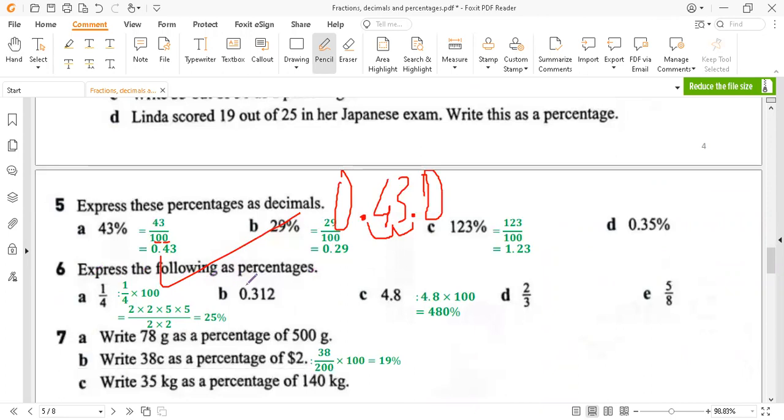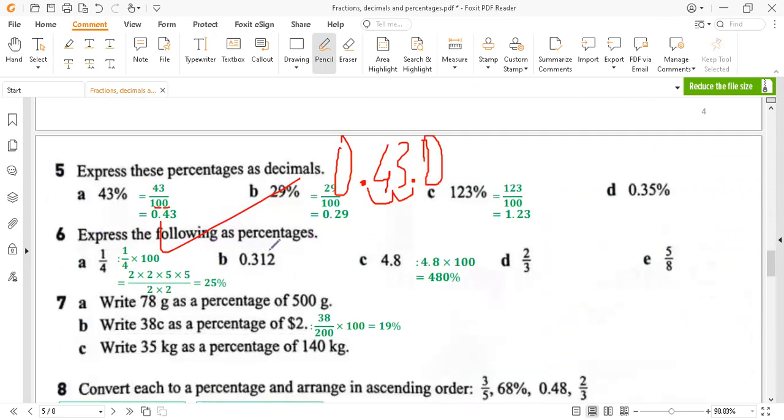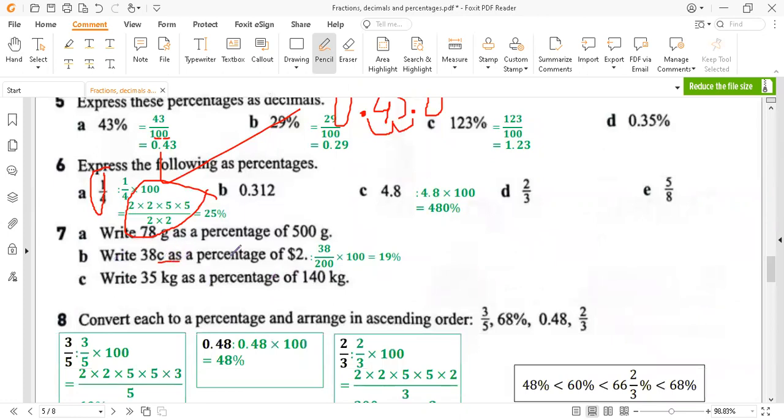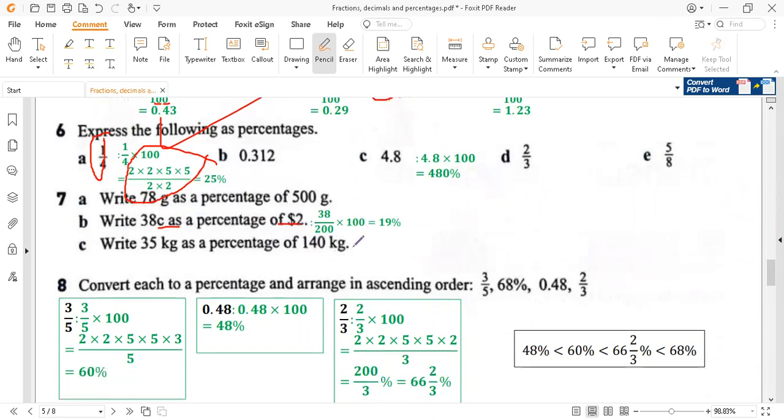Okay, easy. And what about expressing the following as a percentage? Normally, for the decimal number or the fraction, we multiply by 100 and do the simplification to obtain 25%. And also we should know that the cent is equal to 1/100.